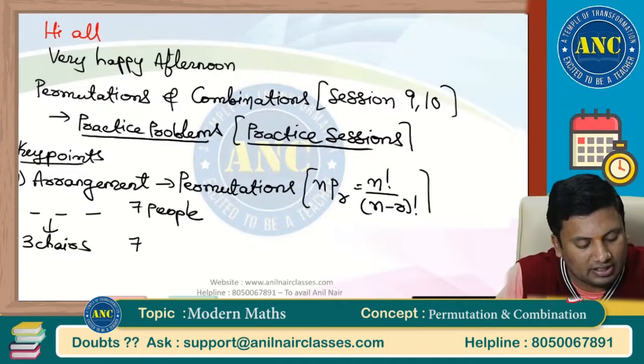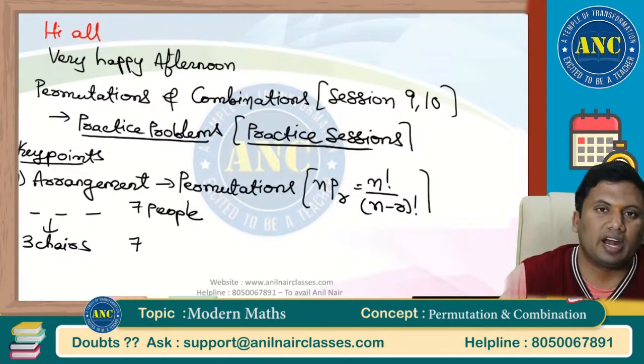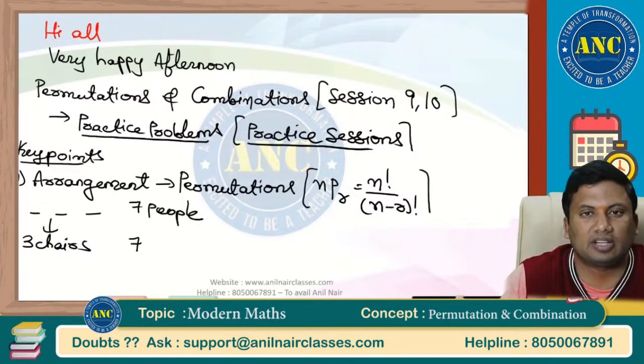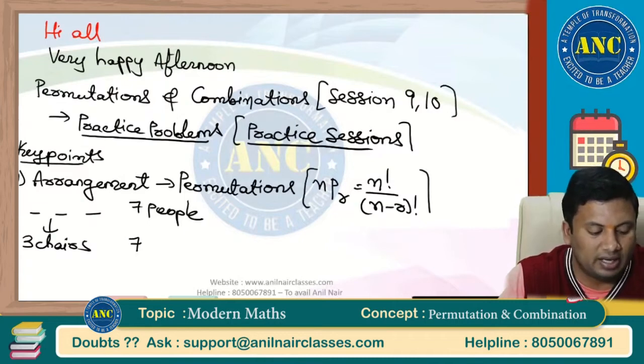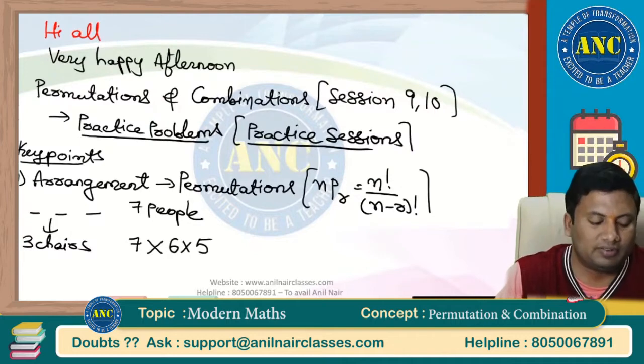First person can sit on the first chair, either the first person, second person, third person; 7 persons, anybody can sit. Any one out of the 7 can sit. Second one, any one out of the remaining 6 can sit. Third one, any one out of the 5 can sit.